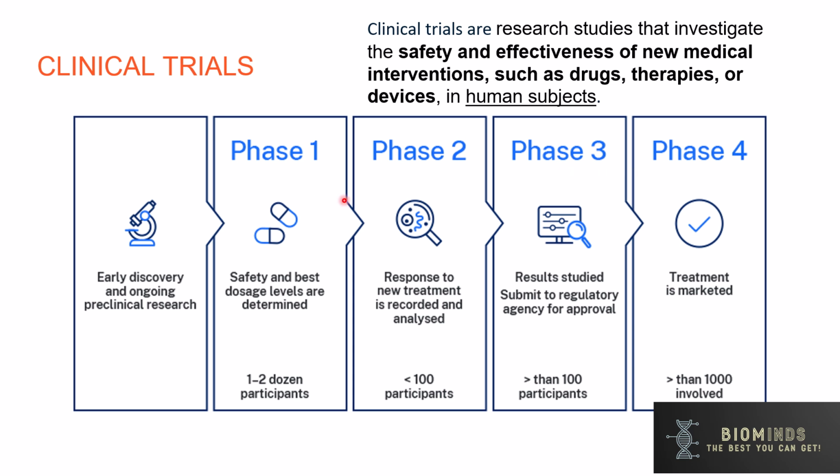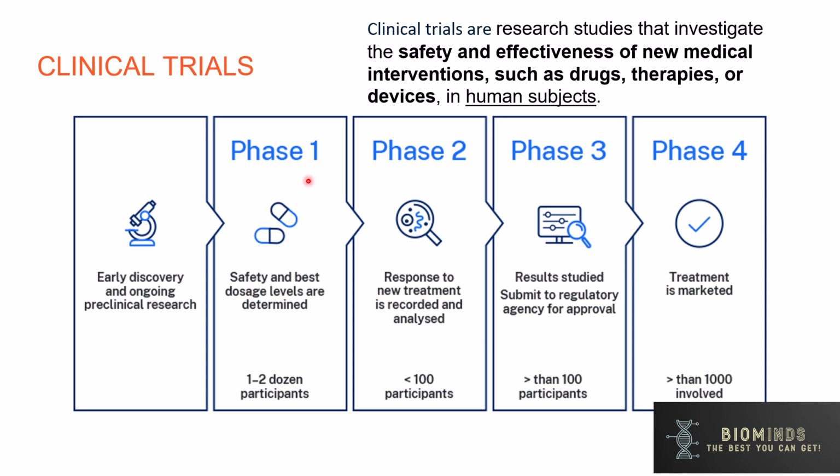Okay, so phase 1 contains around 20 participants, phase 2 contains less than 100 participants, phase 3 contains more than 100 participants, and phase 4 is done after the drug is being marketed. Means they have cleared these three phases, and then it is safe to use that drug for the general people. So phase 4 is when the drug or the treatment is being marketed.